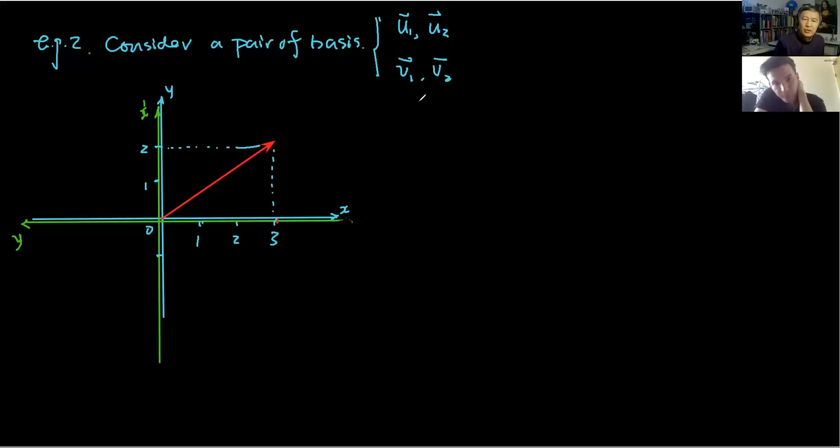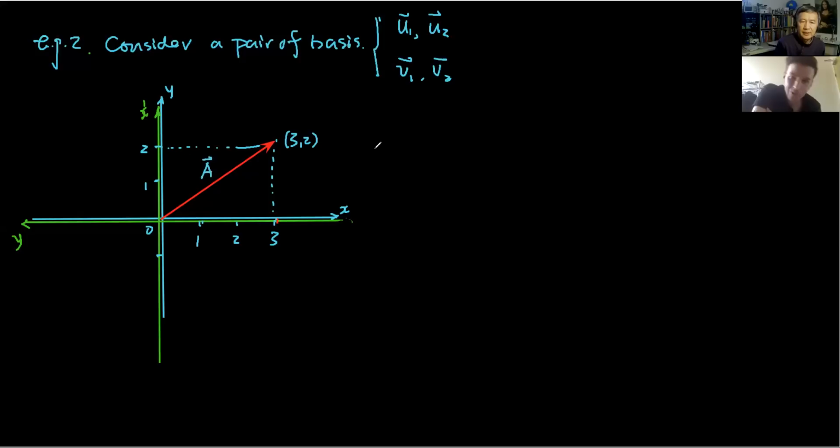Now, how do we represent the vector in this case? Can we call this vector A?